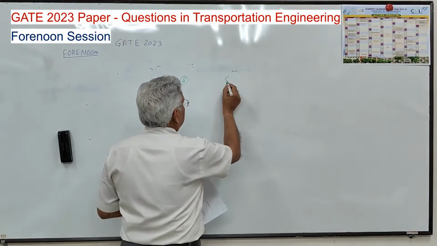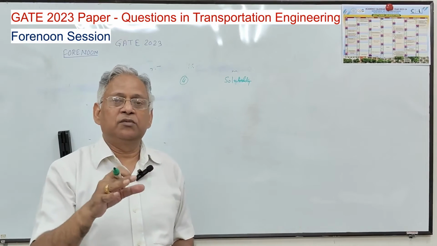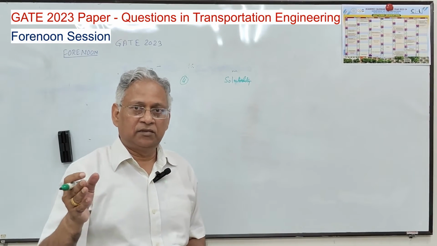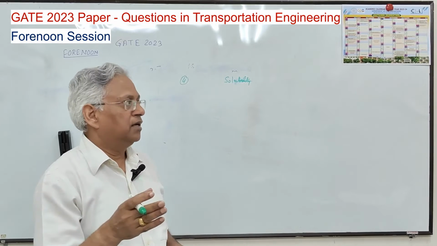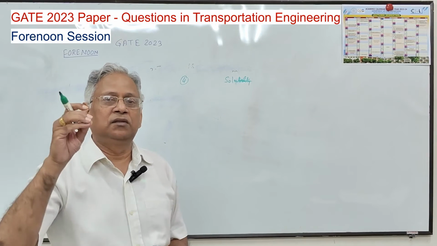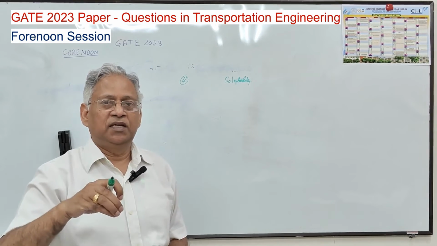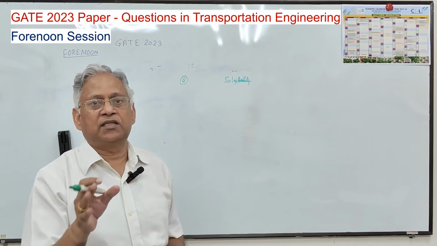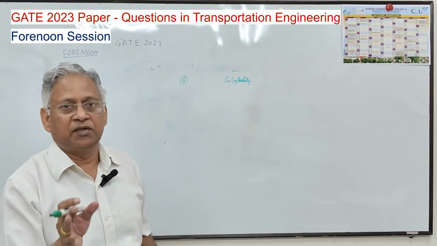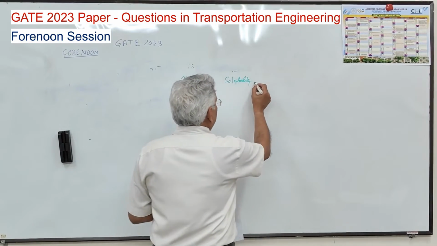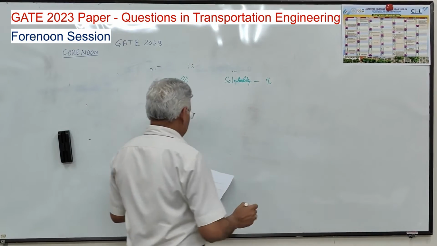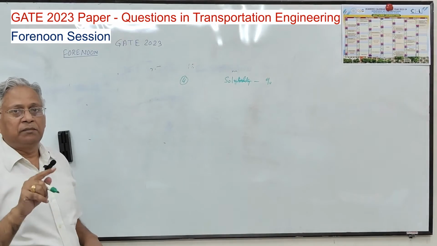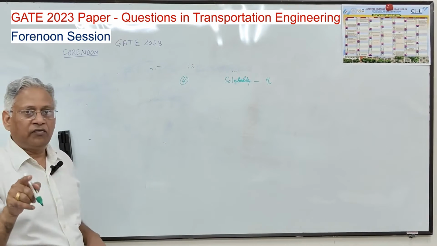Solubility of bitumen. The bitumen is dissolved in some solvent like carbon tetrachloride or carbon disulfide, and it should dissolve 100%. If it is not dissolving 100%, we express the solubility in percent, 99%, 98%. So solubility is in percent. Then softening point of bitumen is the temperature at which the bitumen attains a softening.